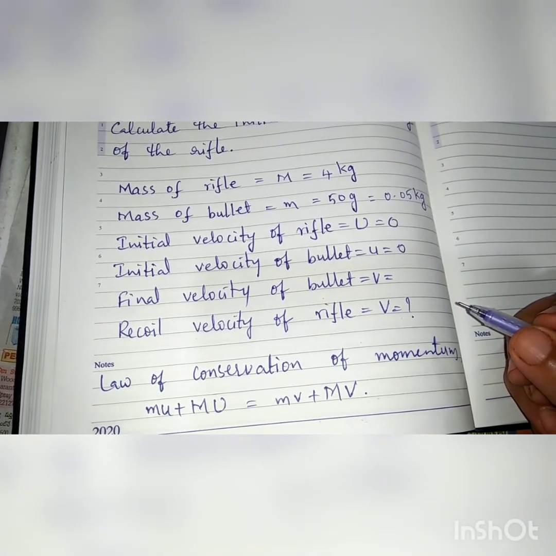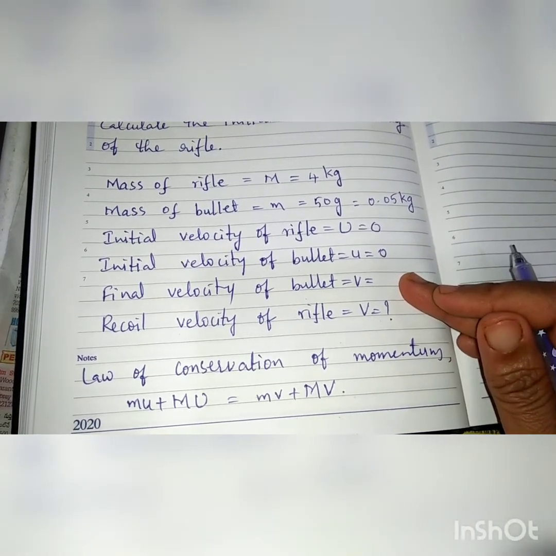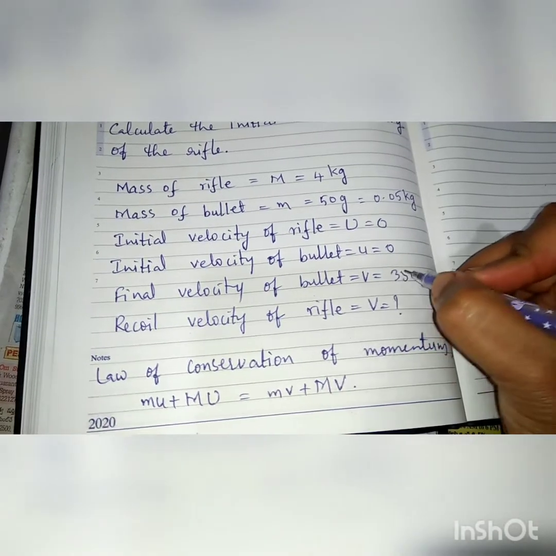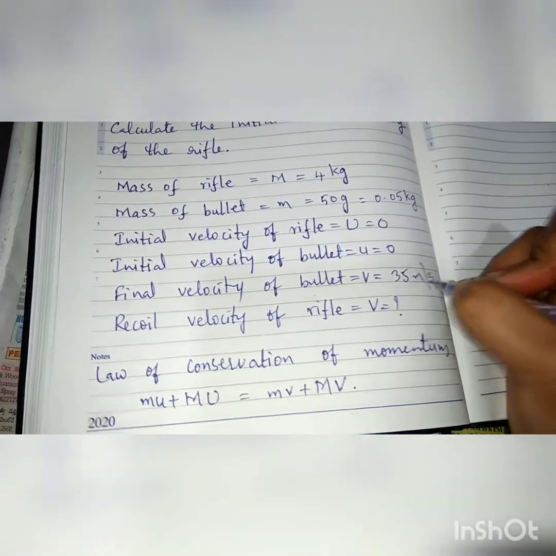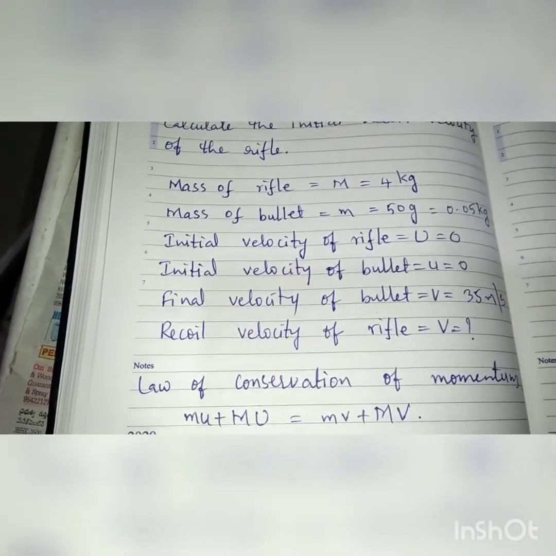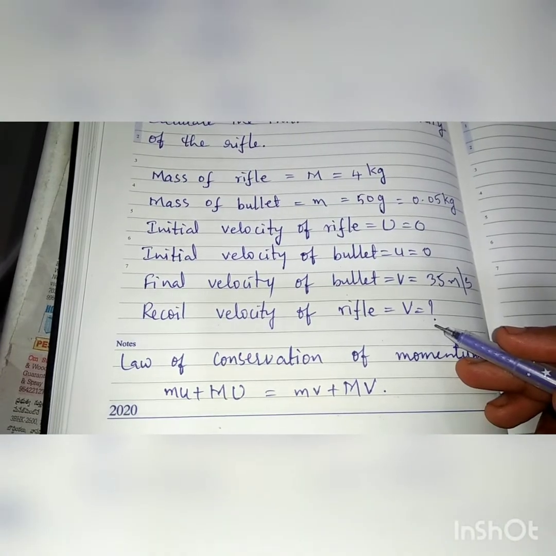It's given in the question that final velocity of the bullet is 35 meters per second.